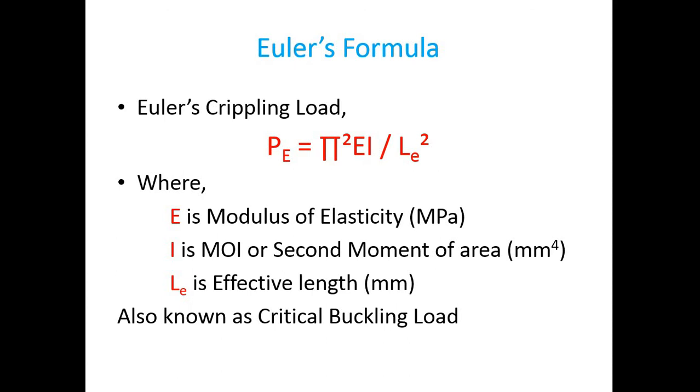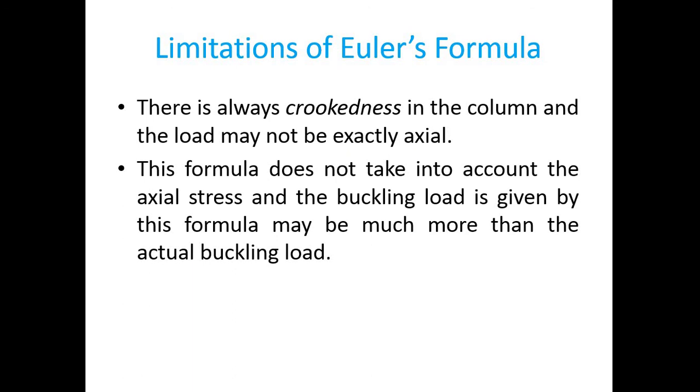This is also known as critical buckling load. Now, what is the limitation of Euler's formula? Very simply, we can say Euler's formula is only applicable for long columns. That means it is not applicable in the case of short and intermediate columns.